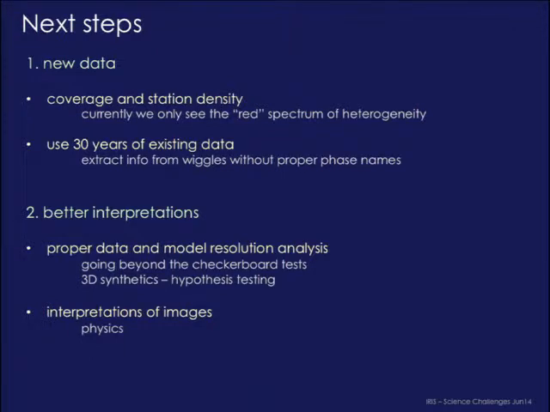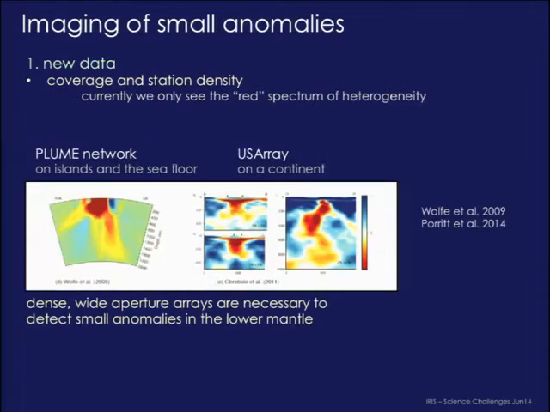The second issue is the interpretation of both the data and the images that we're producing from the seismological data. Do it with proper data and model resolution analysis, and interpret the images with the proper physics. And that will require collaboration with other communities.